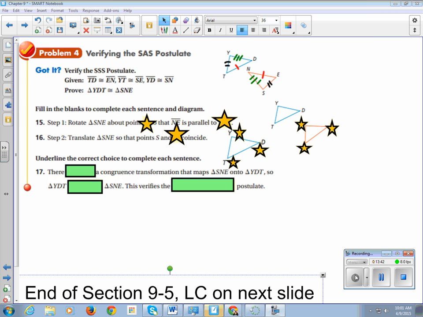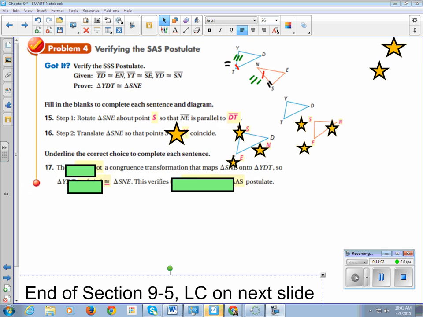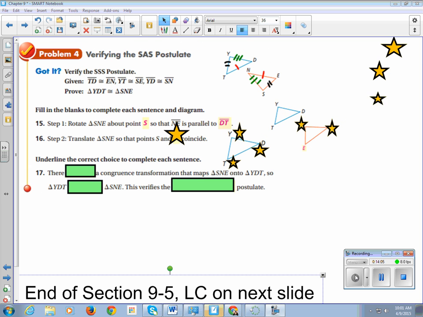So step 1 is to rotate SNE about point S so that NE is parallel to its buddy DT. So here's where we did that.